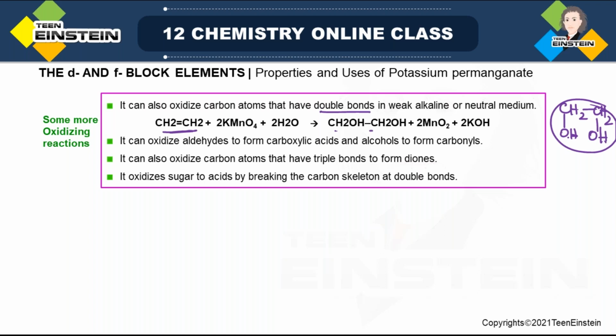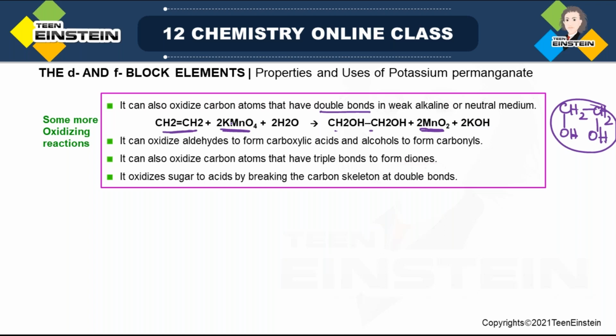If unsaturation is present, it will be removed, and as a result KMnO4 will also be reduced. When KMnO4 is reduced to MnO2, obviously the purple color will no longer be present. So when the purple color is discharged, it proves that C=C double bond or triple bond unsaturation is present.